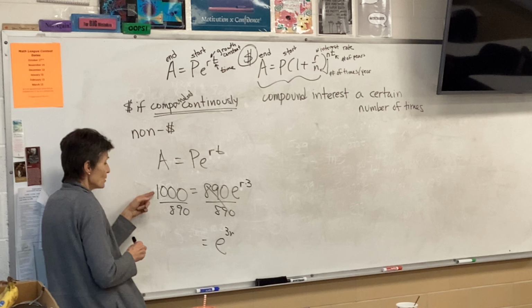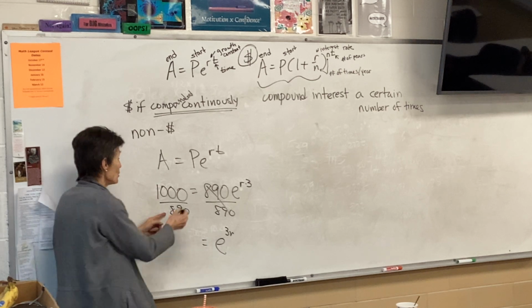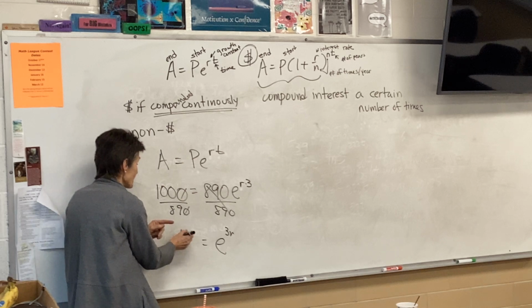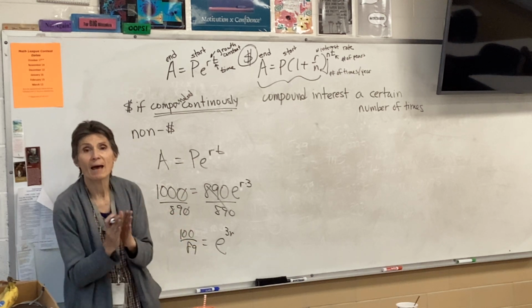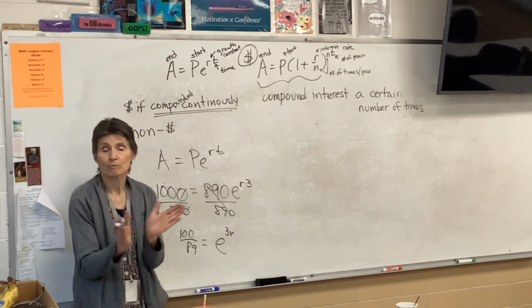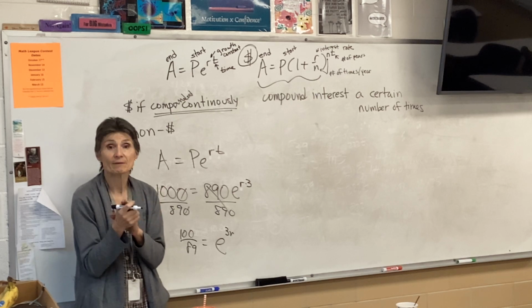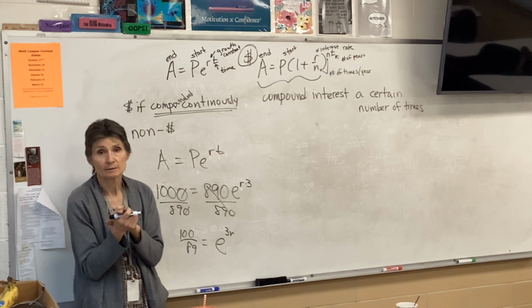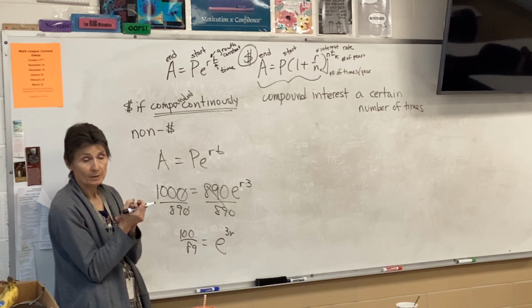And over here, you're certainly welcome to leave it as 1,000 over 890. You could cross off those zeros and have 100 over 89. You guys, it doesn't matter. Whatever works for you, whatever makes sense for you. It's okay to leave it 1,000 over 890. In a minute, we're going to type it in our calculator anyway.